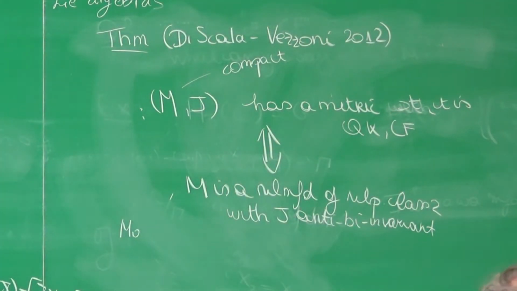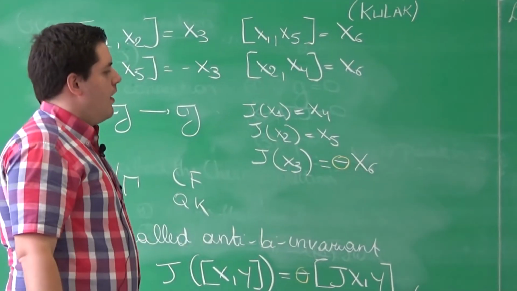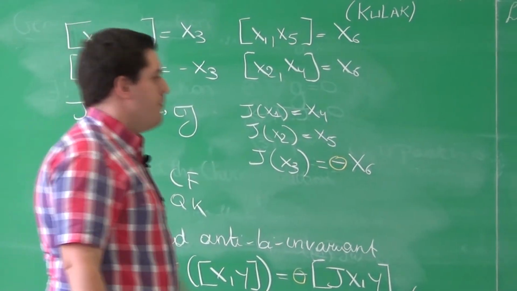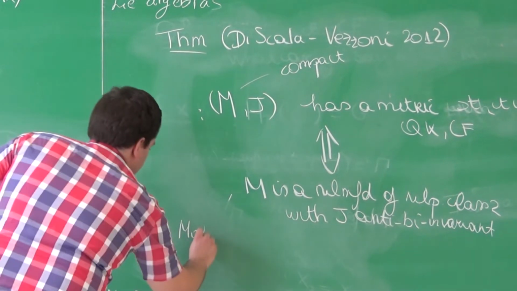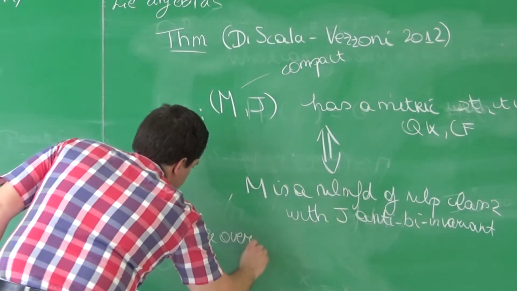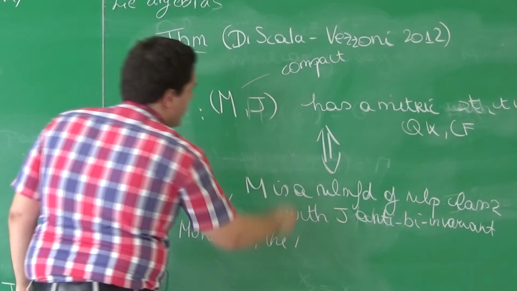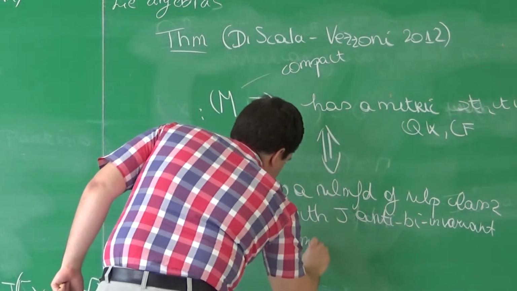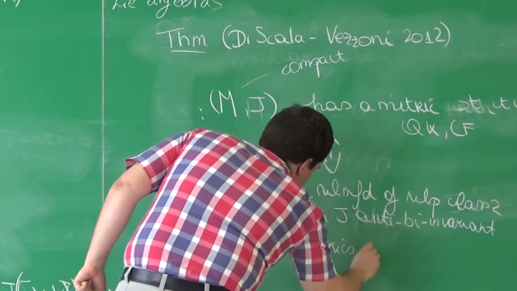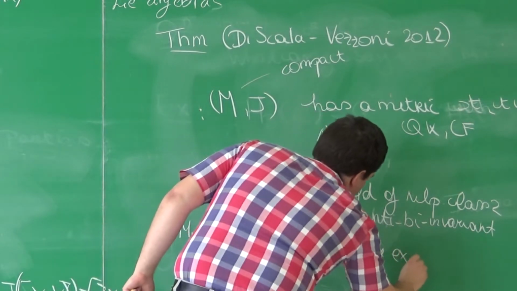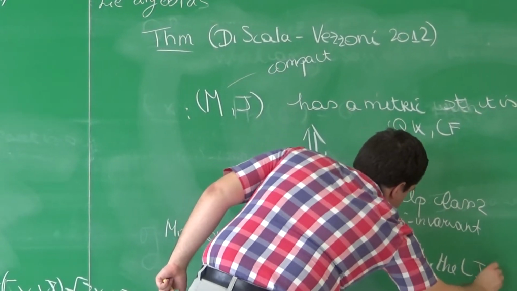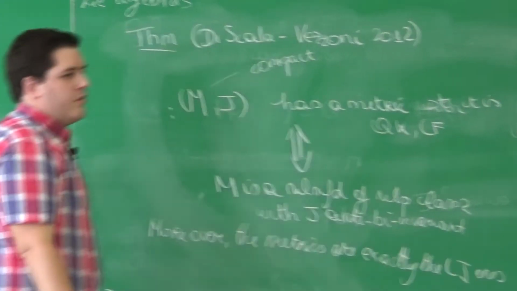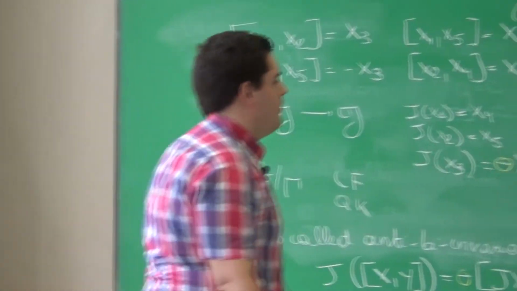That was what I said in the question. So we were only considering compact spaces. And so the metrics you have that do the trick are exactly the left invariant ones. So you only have to consider left invariant metrics on these manifolds.